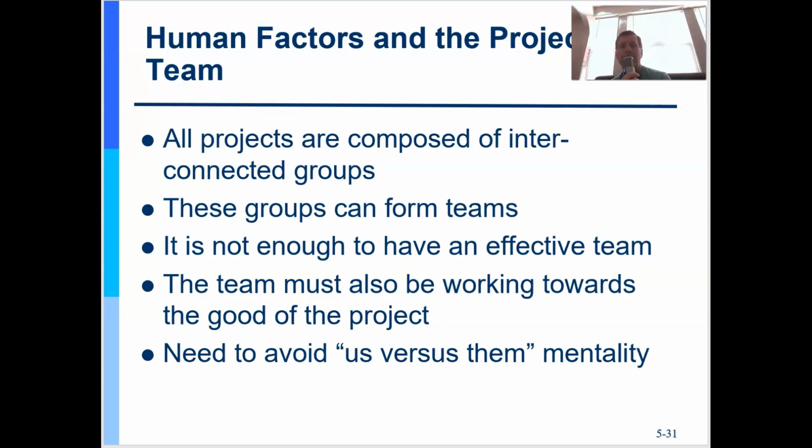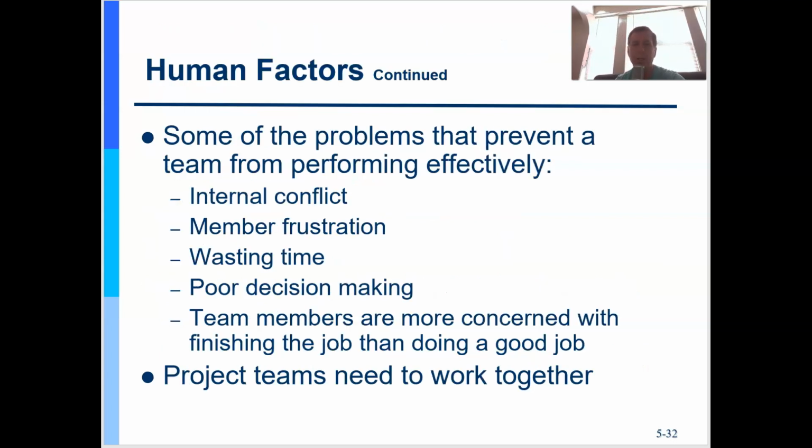And then we always want to be concerned with human factors in the project team. Human factors, right? Not all projects are composed of interconnected groups. And these groups can form teams. You don't want it to be us versus them. This is where you get into conflict management, motivational theory that we talked about, leadership, management skills, interpersonal skills, etc. along the way.